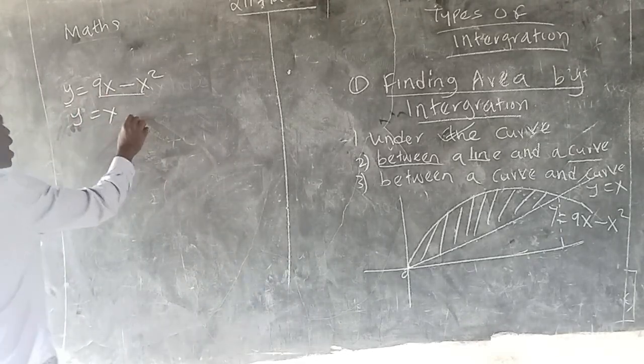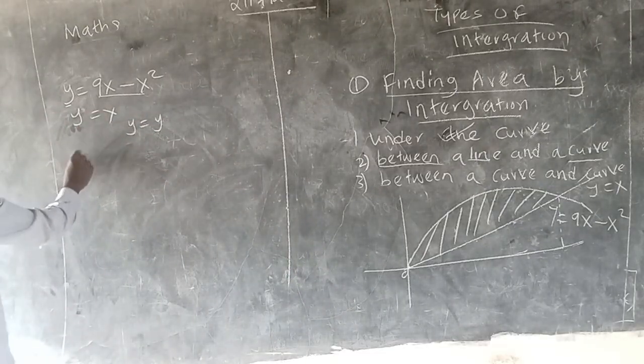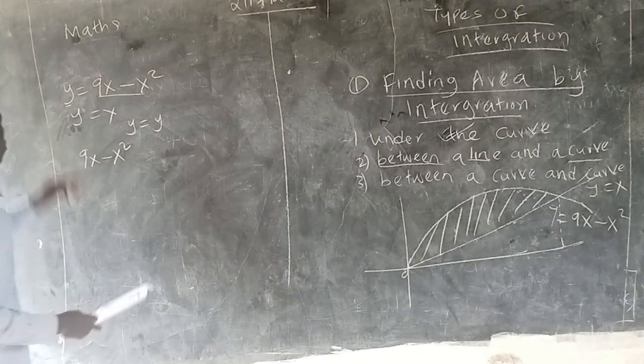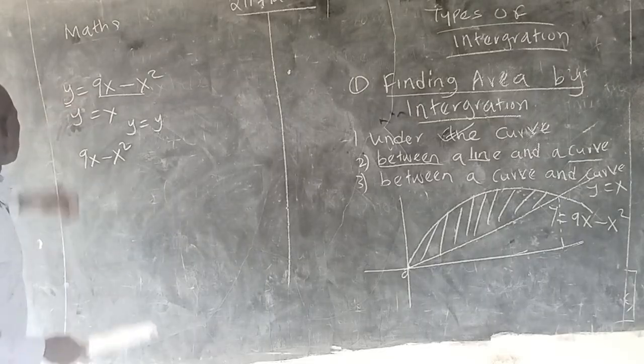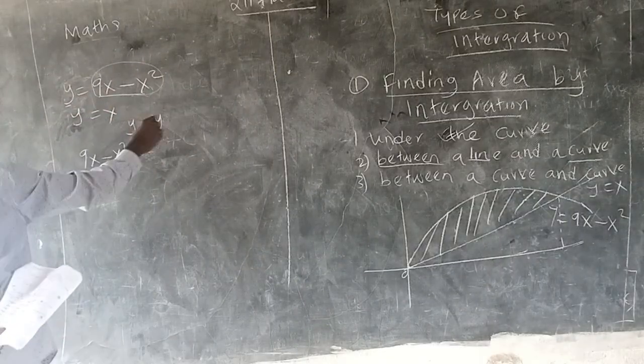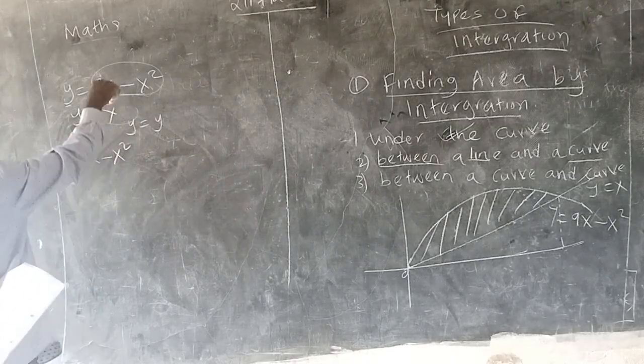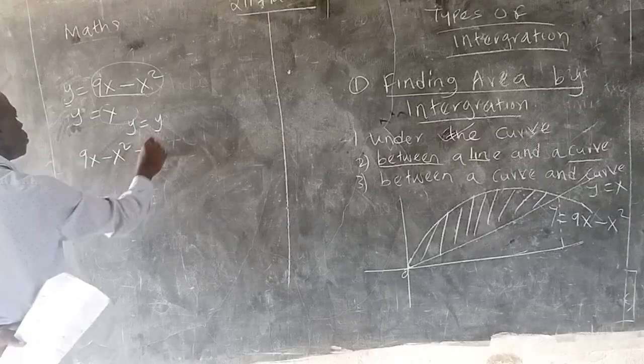So this means y equal to y, and that's very, very important. Therefore we say 9x minus x squared is equal to x.